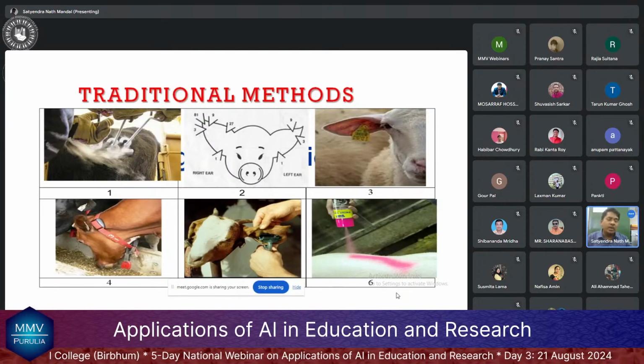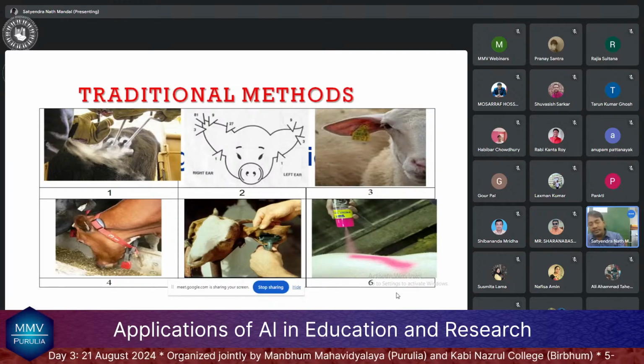Can you do something without touching them, without harming them? Can you identify them? Because identification is mandatory. To take their pedigree, to give the vaccination, to insure them, to select for breeding.